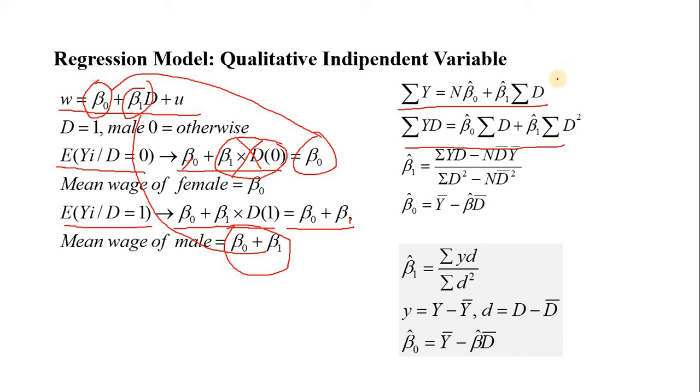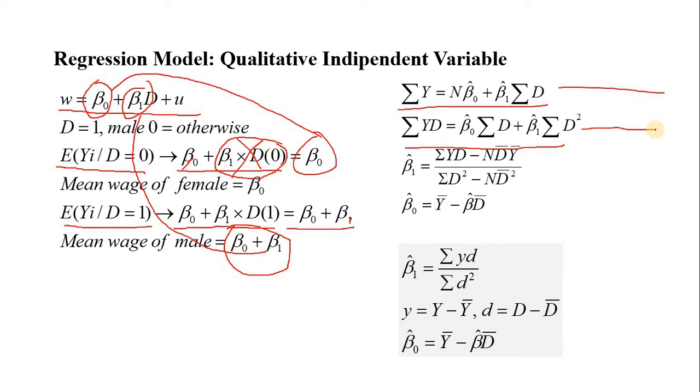The only difference is that where we had y and x, here we have y and d. You substitute d instead of x. Then you can directly derive the values of beta cap 0 and beta cap 1 by minimizing the RSS.